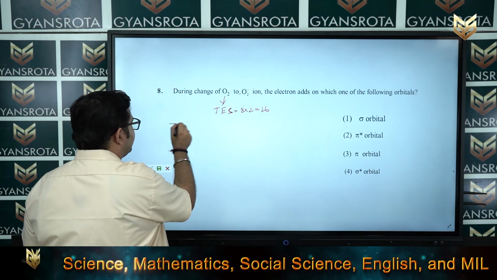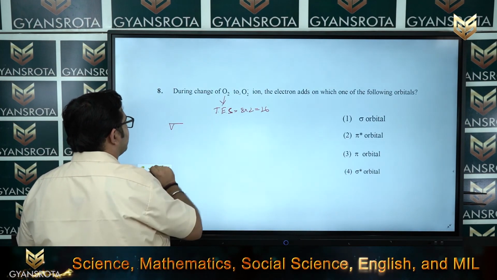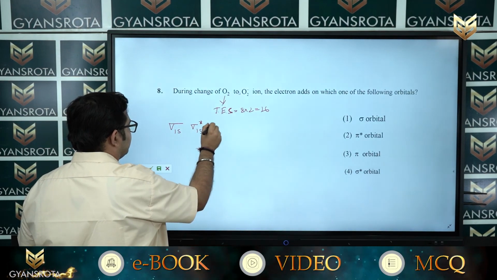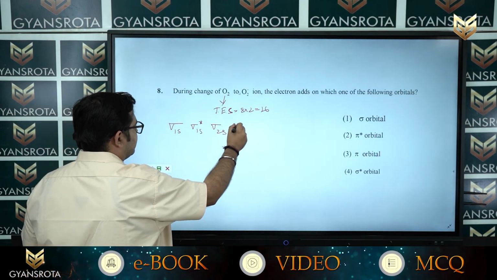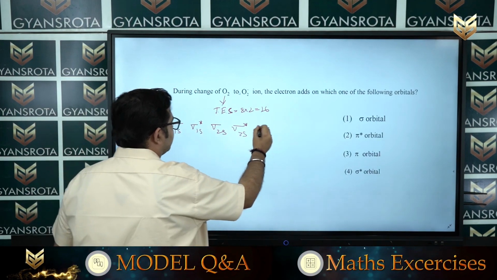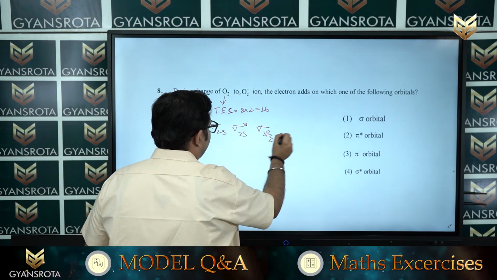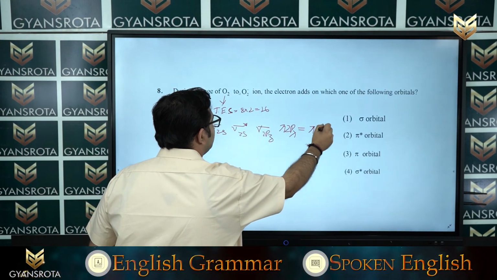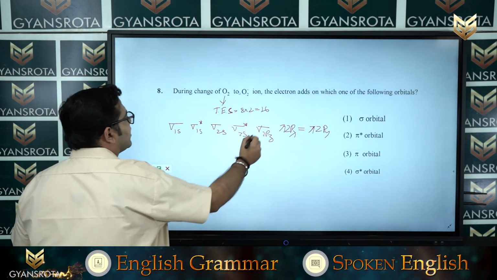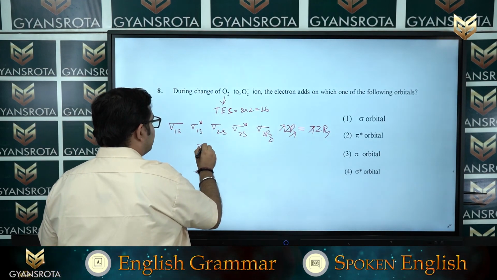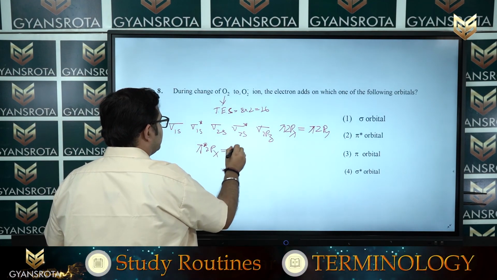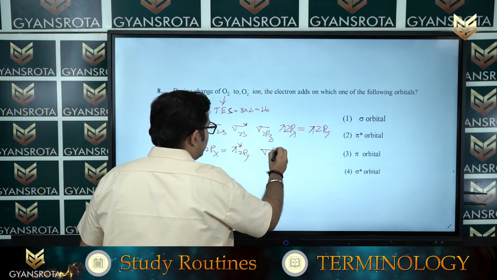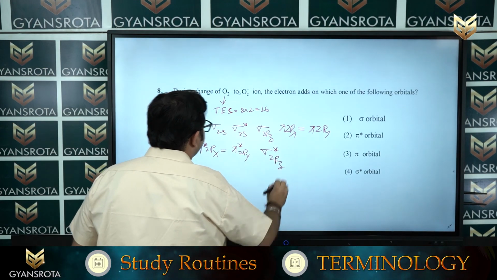So it will follow this order, because it is greater than 14: sigma 1s, sigma star 1s, sigma 2s, sigma star 2s, sigma 2pz, pi 2px equal to pi 2py, then pi star 2px equal to pi star 2py, sigma star 2pz.